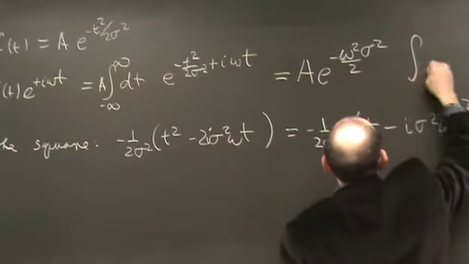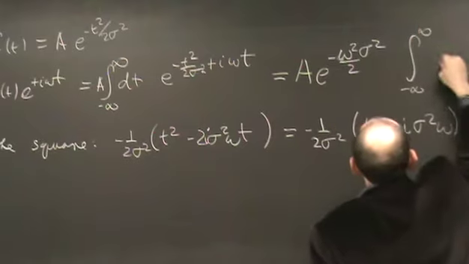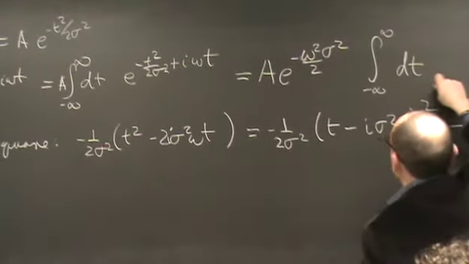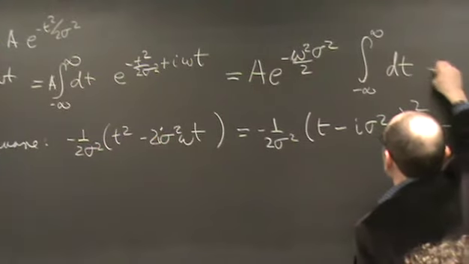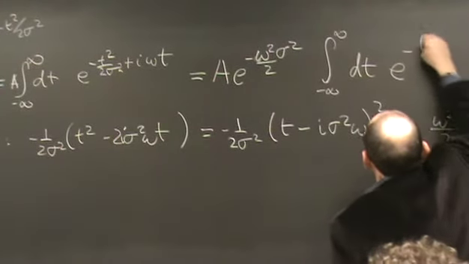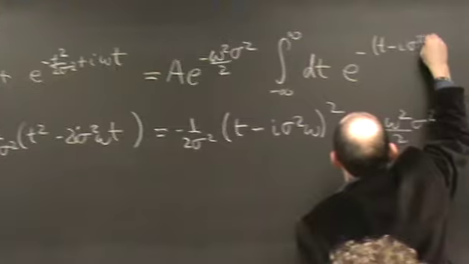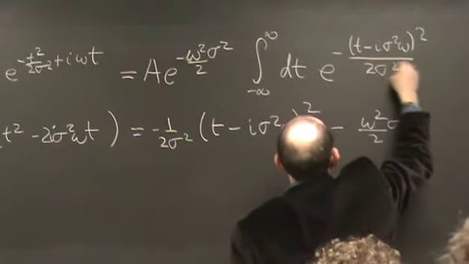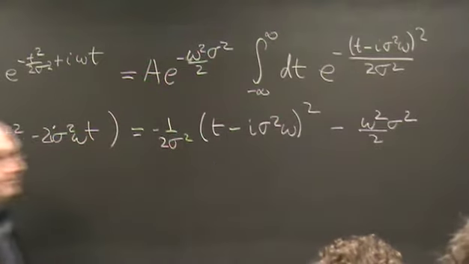And what's left is dt e to the minus t minus i sigma squared omega squared over 2 sigma squared.